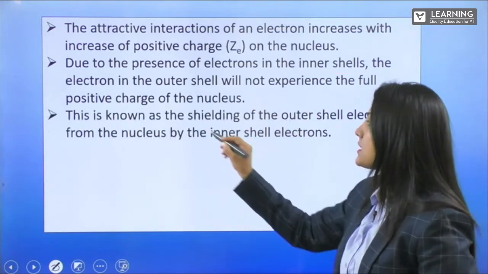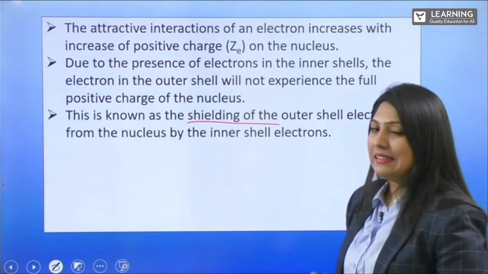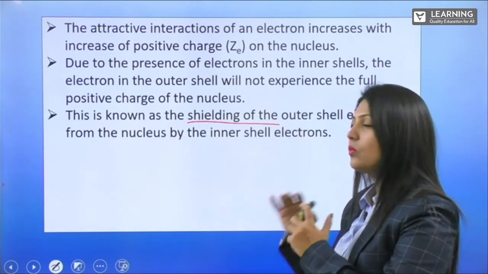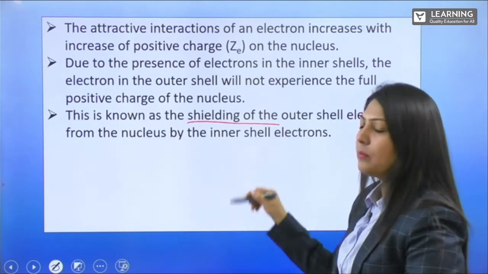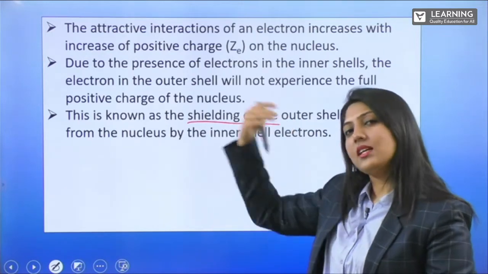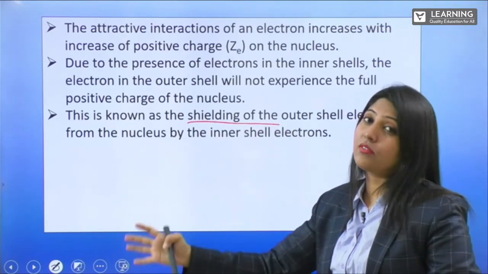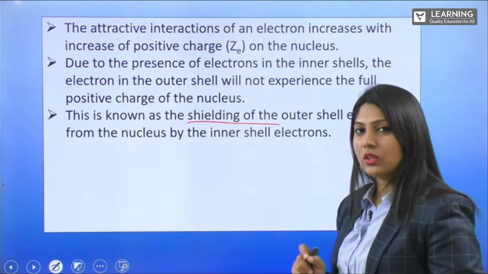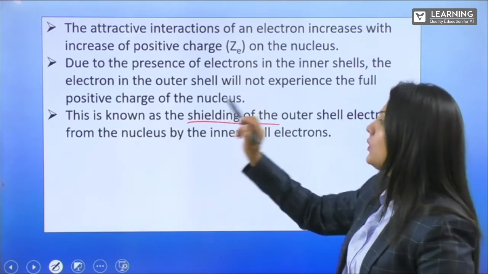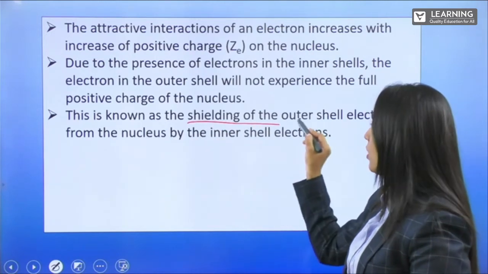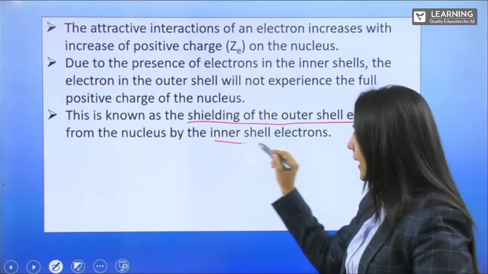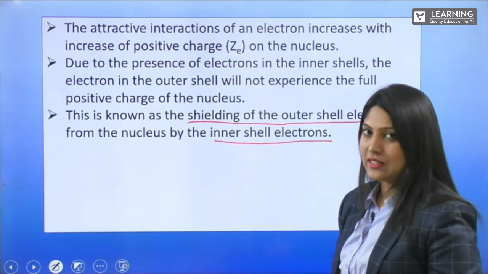This is known as shielding. Shielding means covering: the inner shells are covering, such that the full attraction from the nucleus is not gained by the last electron in the outermost shell. So this is known as shielding of outer shell electrons from the nucleus by inner shell electrons.